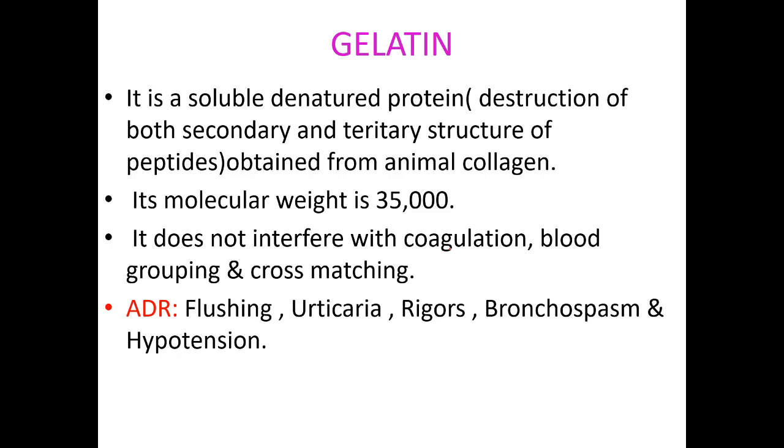Suddenly the person will be having high fever with chills, and after a few minutes the same person will be having reduced temperature and sweating. So this is rigors, a changing of temperature from time to time in the same person. And next are bronchospasm, we already know that, and hypotension.